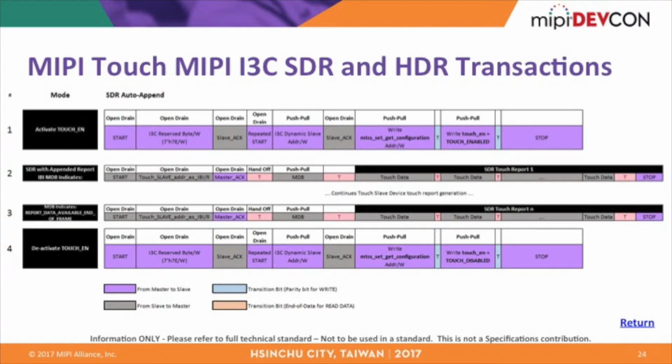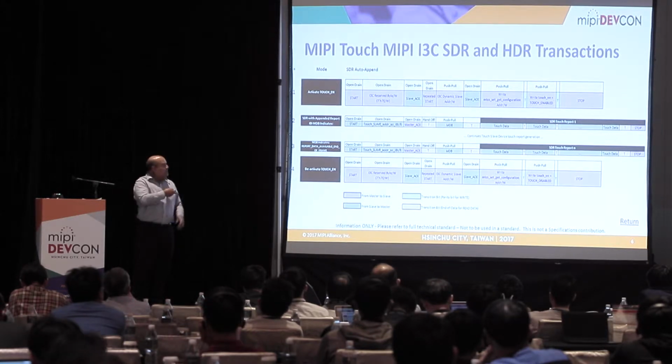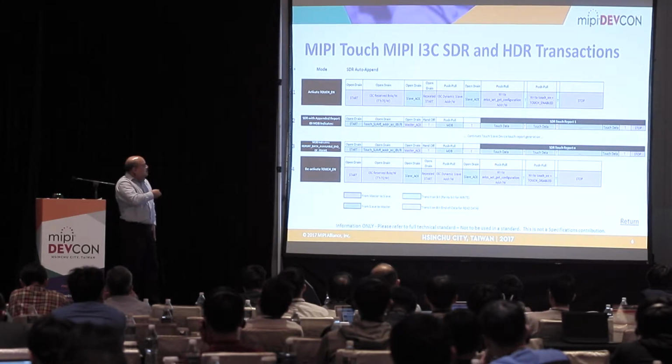The master acknowledges that interrupt. There's a transition bit, and you get this byte called the mandatory data byte. I'll talk about that in a second, but this mandatory data byte actually tells you what the interrupt is right there. Literally a few bits later, after the master acknowledge, you get an 8-bit MDB, which is mandatory.